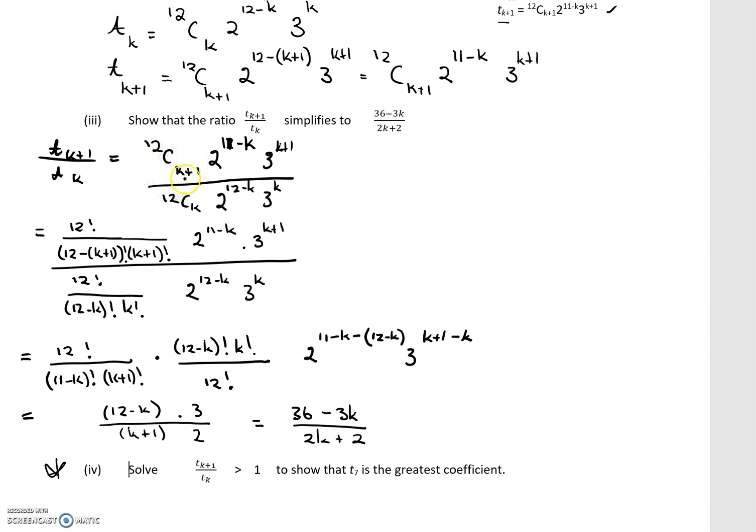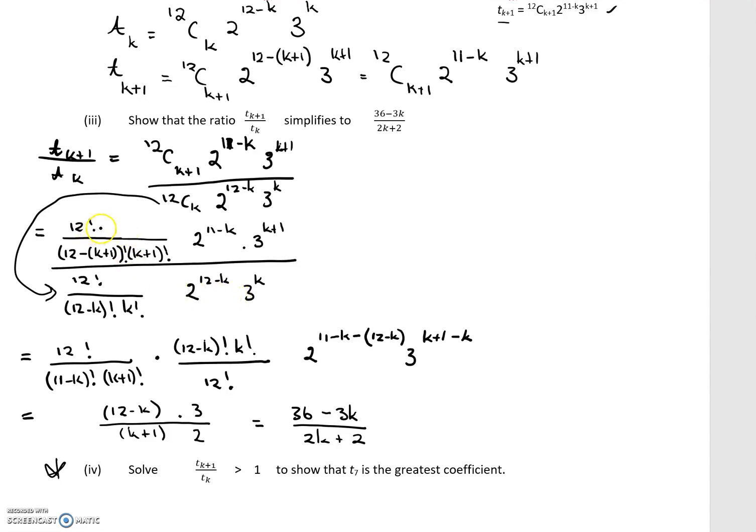writing out our definition for 12C(k+1), which is 12 factorial over 12 minus k minus 1 factorial, k plus 1 factorial. We've got our 2 to the 11 minus k, 3 to the k plus 1. Writing out our expansion for 12Ck, we've got it as 12 factorial over 12 minus k factorial, and we've got the other part to our coefficient.